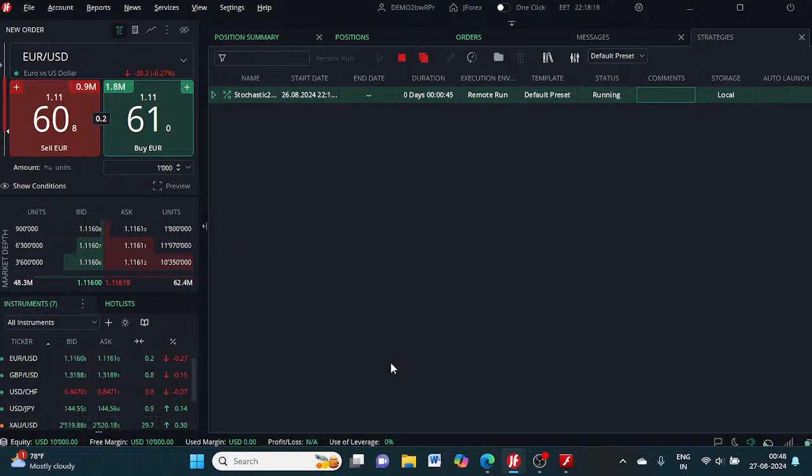Now it has started running. It is in a running state with the definition of these conditions. We have created an algorithm which can work 24 hours a day, and it is also going to be working objectively.